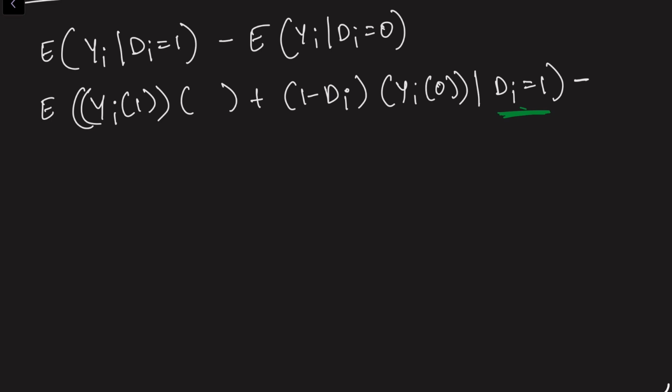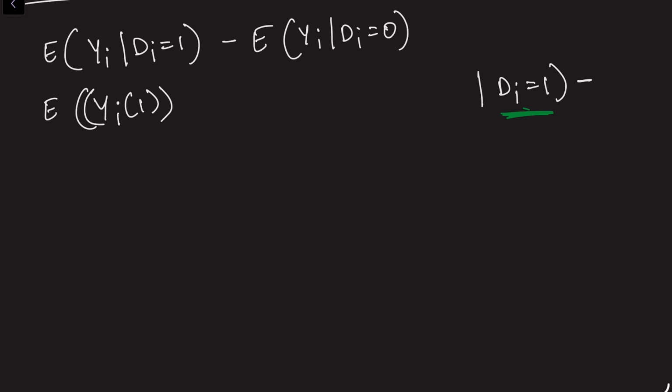So this would be 1 and this would be 1, which means obviously this term will become 0, which means that this term will no longer be there, right? And of course I can remove this one as well. So I can reduce this and write it as potential outcome of the treated.